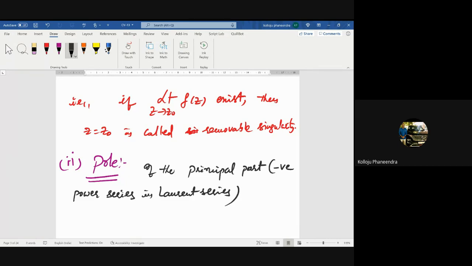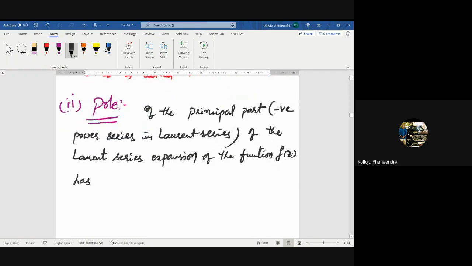If the principal part of the Laurent series expansion of the function f of z, that means the negative power series, has only, this is important, has only a finite number of terms.